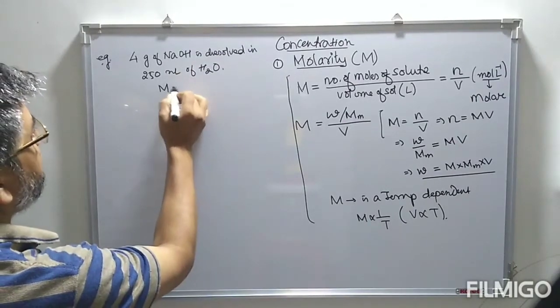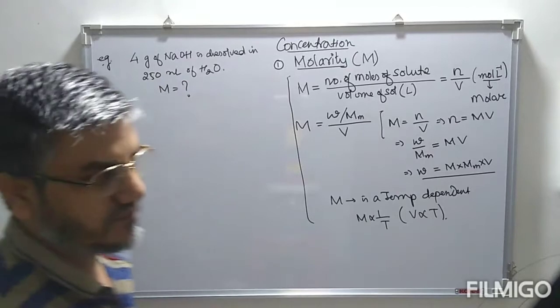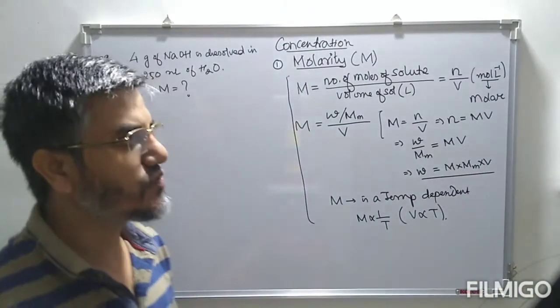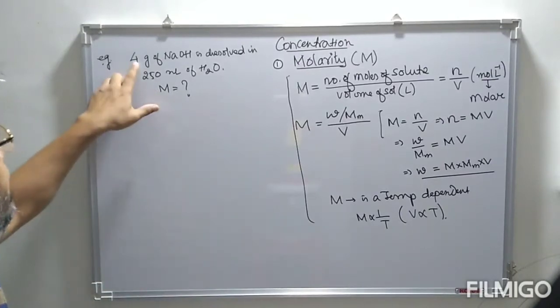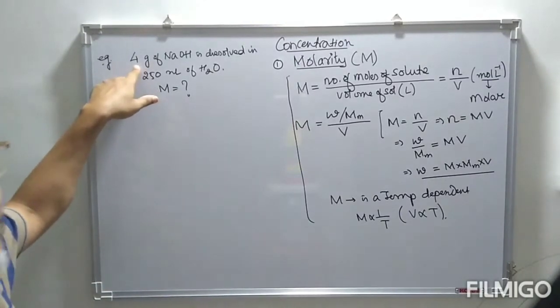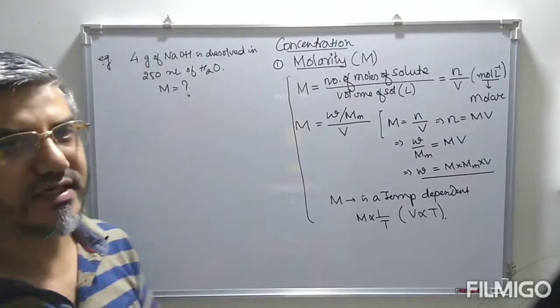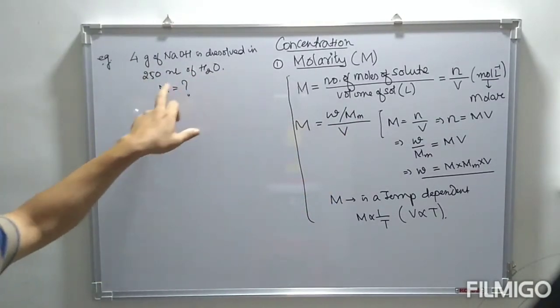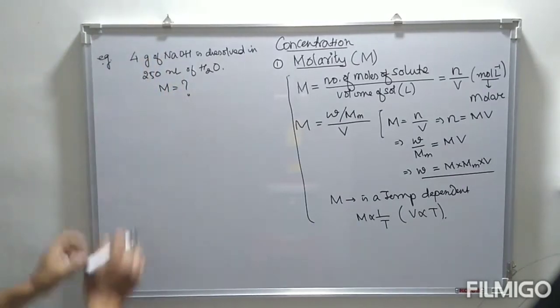What is the molarity of the solution? So the question says we have a sample of sodium hydroxide whose mass is given as 4 gram. So 4 gram of sodium hydroxide is dissolved in 250 ml of water. So what is the molarity of the solution?